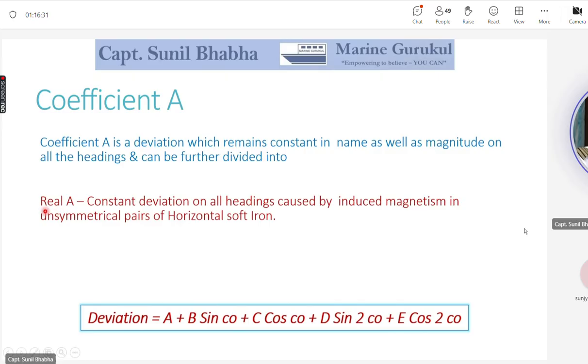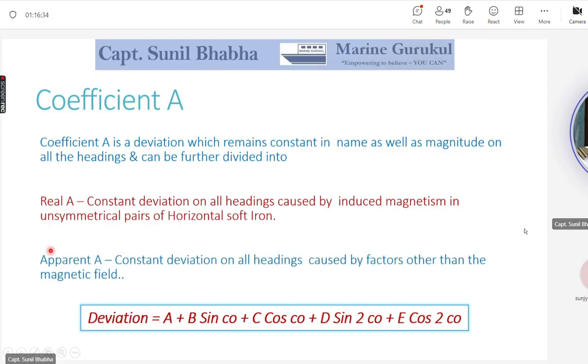These two parts are number one, real A, and number two, apparent A.